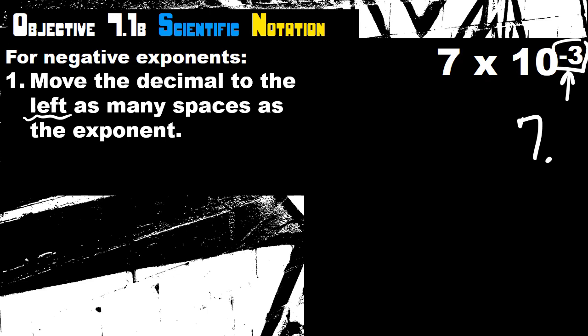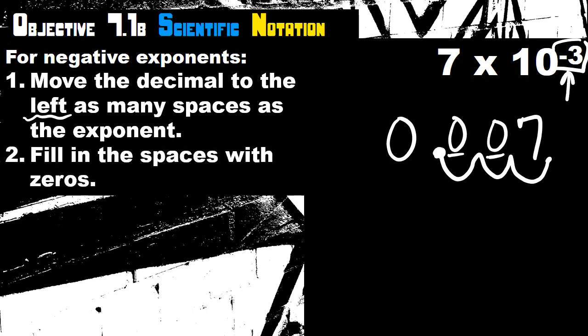So let's move it 3 spaces to the left. 1, 2, 3. We're going to rewrite our decimal and the leading 0. And we notice that we have some spaces to fill in. So let's fill those in with zeros as our second step. So 7 times 10 to the -3rd power gives us 7 thousandths as a decimal.